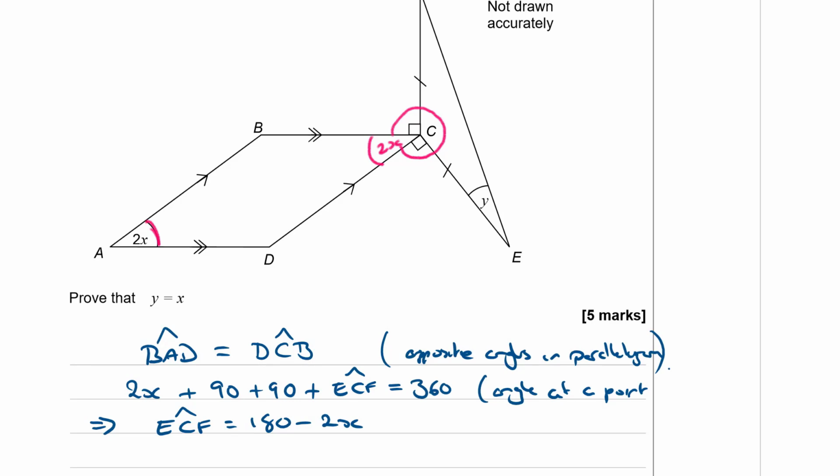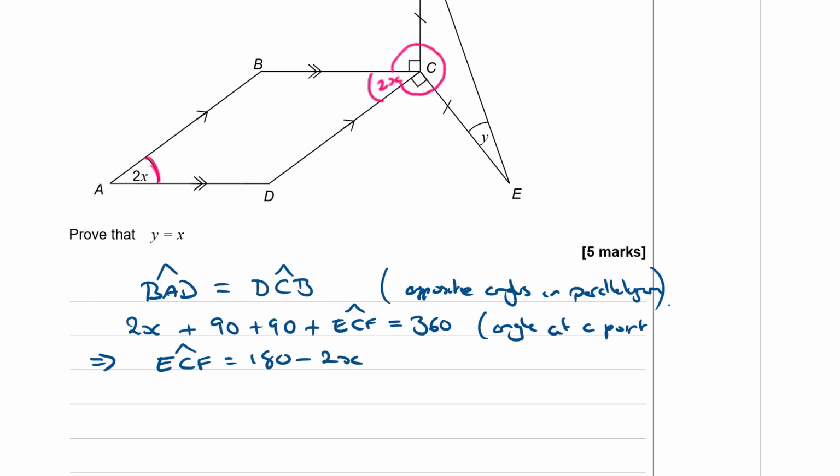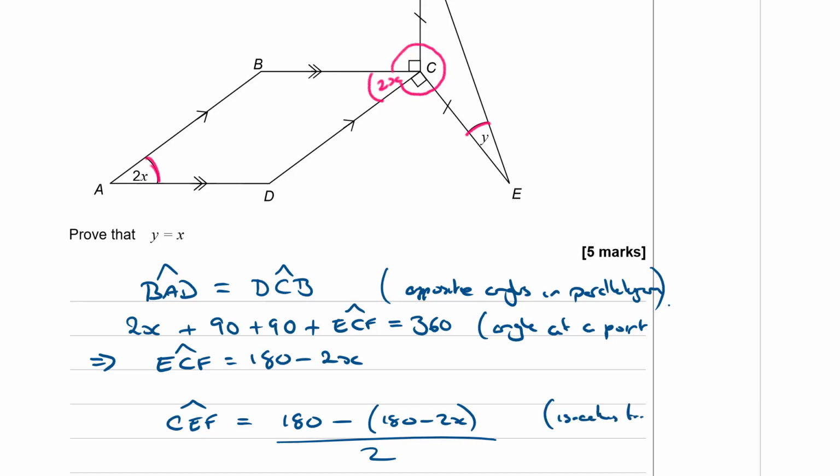We can say that angle CEF, which is the angle we were looking for, is going to be 180 degrees minus the angle at the tip, 180 minus 2x, divided by 2, because it's an isosceles triangle.